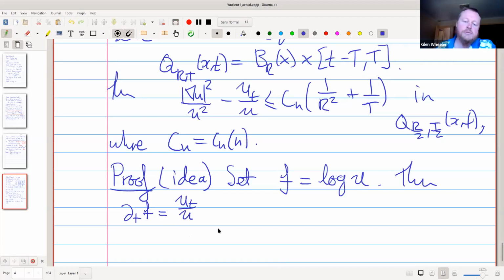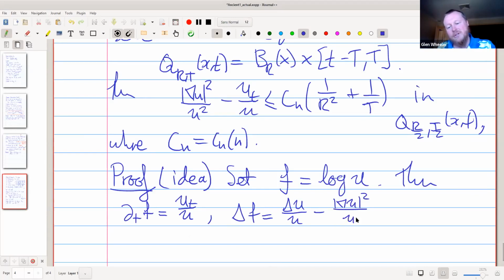Okay, so we got this one. And we've got Laplacian of f. Okay, so what's that going to be? You're going to take the divergence of grad u over u, and so you're going to get the good old product rule, which looks like this. Okay, so you get the trace over this expression like that.